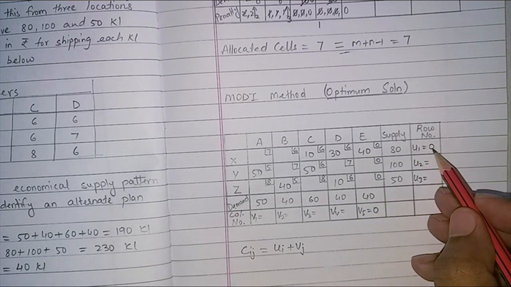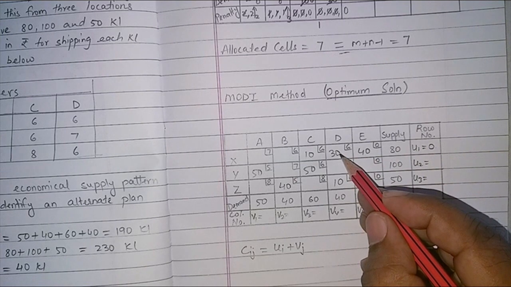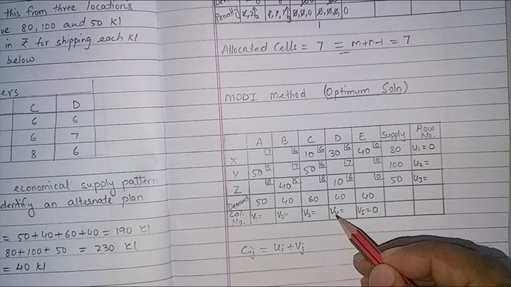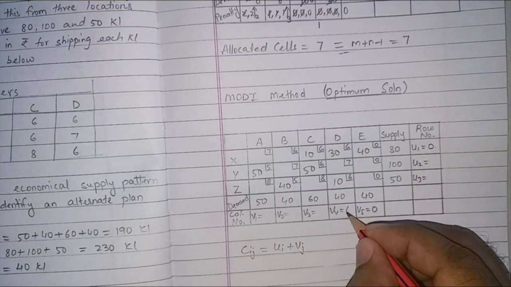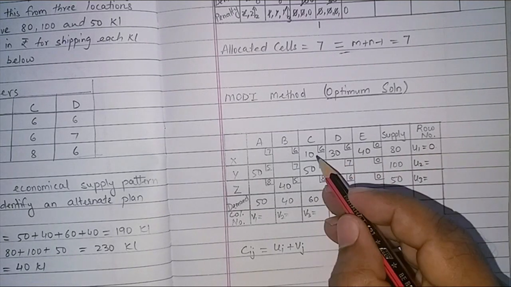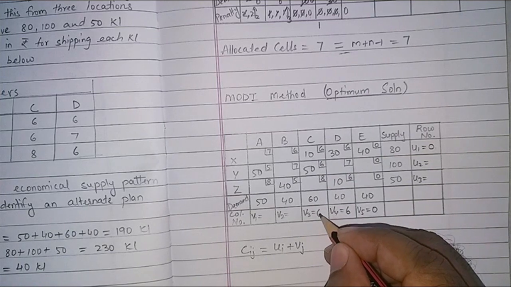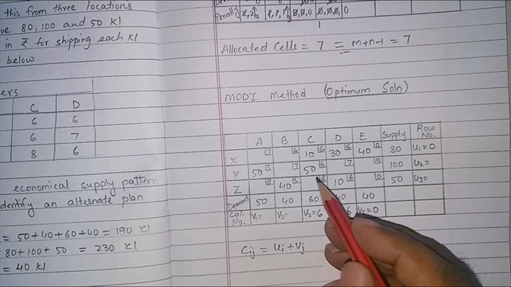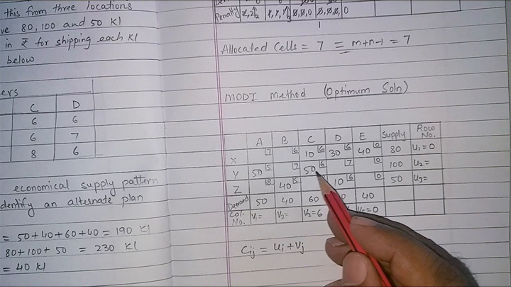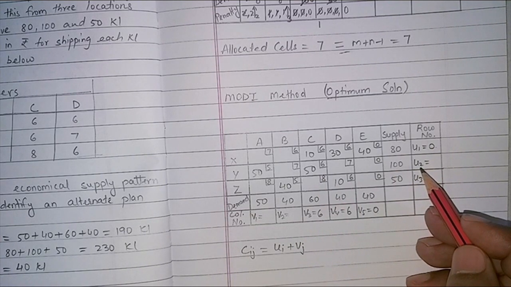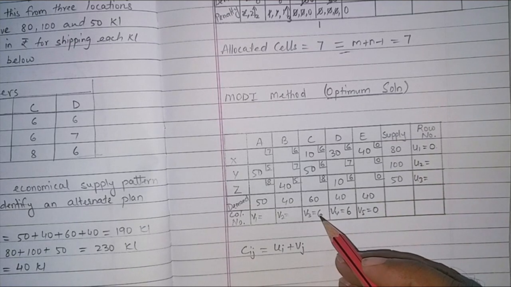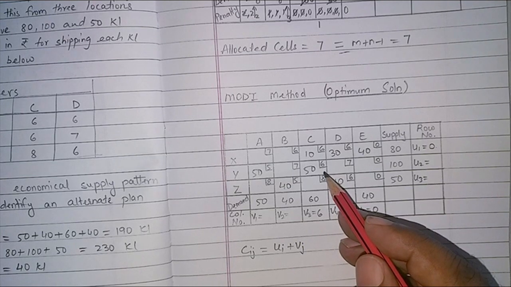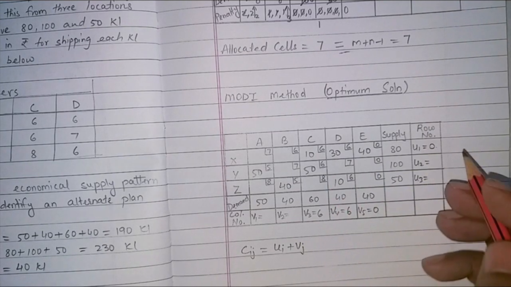Next one, we have 0 here, this is allocated, so 0 plus V4 will be equal to 6, so this is 6. Similarly, this is also 6. Now because I have got a 6 here and we have an allocated cell here, I can find the value of U2. U2 plus 6 should give me 6. That means the value of U2 is 0.